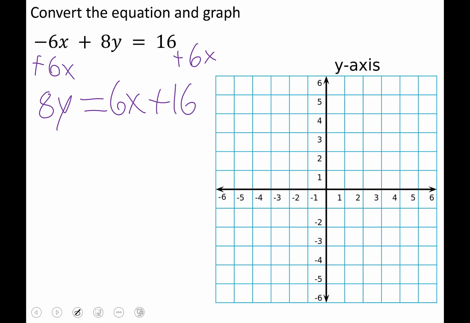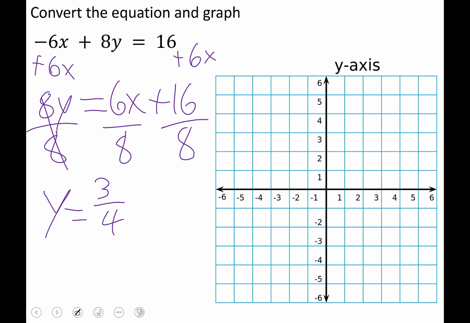Then we do our great divide. Divide everything by 8. 6 divided by 8 doesn't become a whole number, but it does simplify. Both are divisible by 2, so I end up with 3 over 4x, and then 16 divided by 8 is 2.